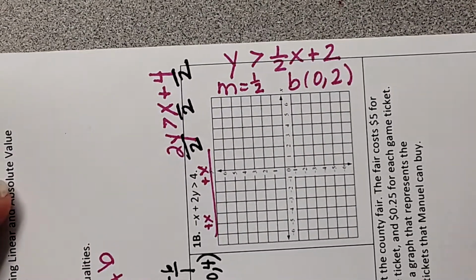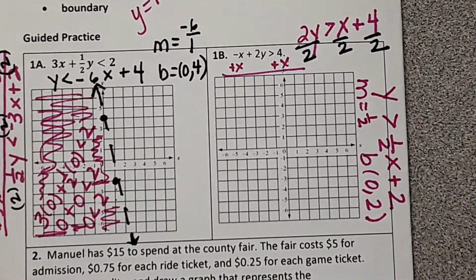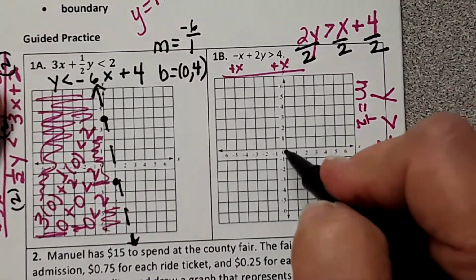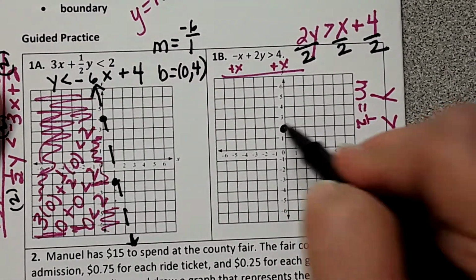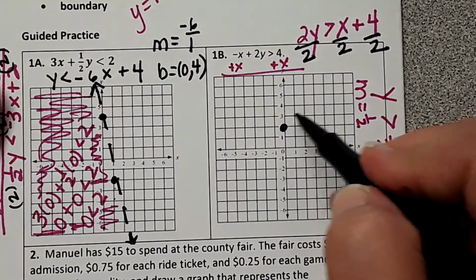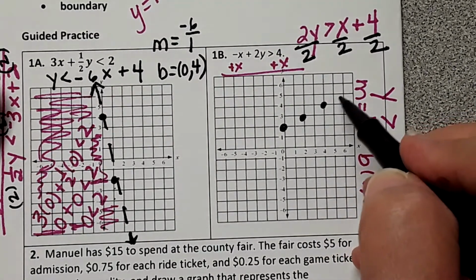Now we're going to graph it. But don't graph it like this. Graph it like this. Is it a solid line or a dashed line? It's the dashed line because it's greater than. We're going to start at 0, 2. So we're going to go to 2 right here. Then we're going to go up 1 over 2, up 1 over 2, up 1 over 2.